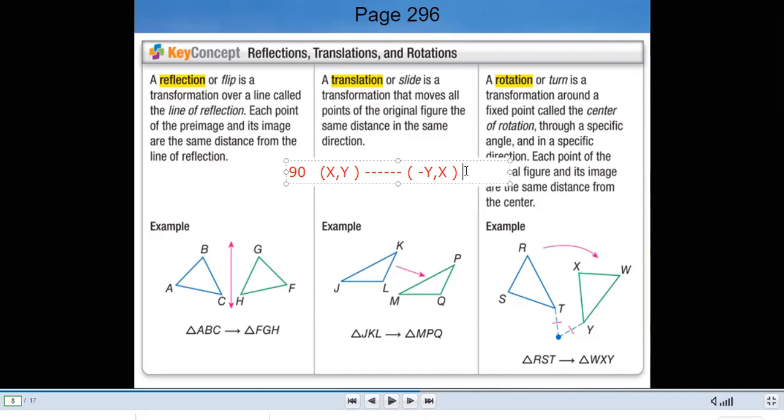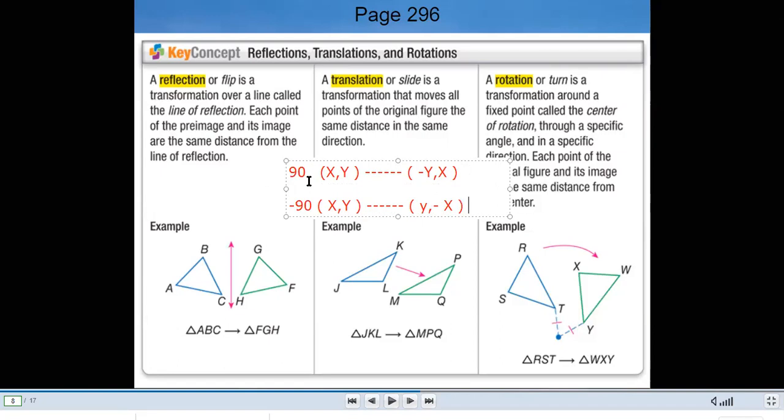What about the second? If you want to rotate negative 90, and I have x and y, we switch the coordinates, so it will be y and x, and we change the sign of the x. Now it's negative 90. If I didn't write the sign, I can't write negative 90 and counterclockwise at the same time.